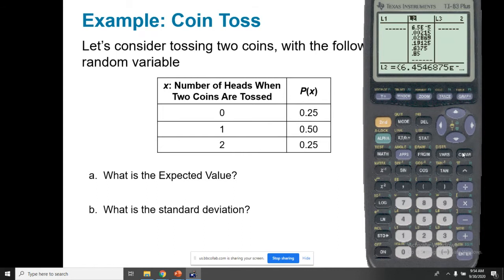I'm going to do the same thing for list 2. Okay. And now I'm going to put in my first column as 0, 1, and 2. I'm going to put in list 2 our probabilities: 0.25, 0.5, and 0.25.